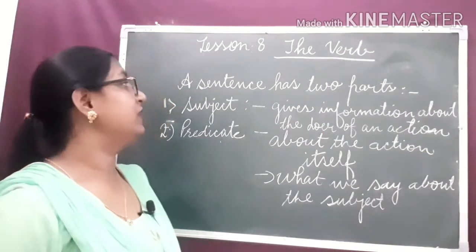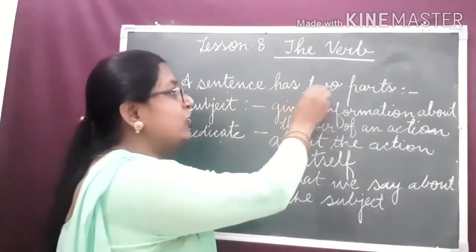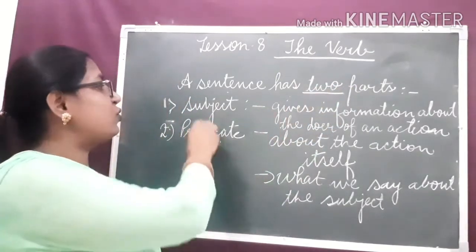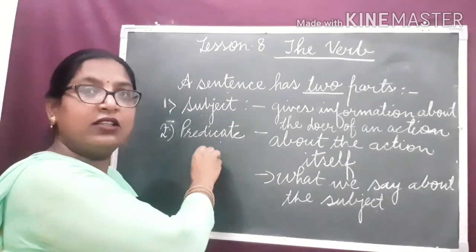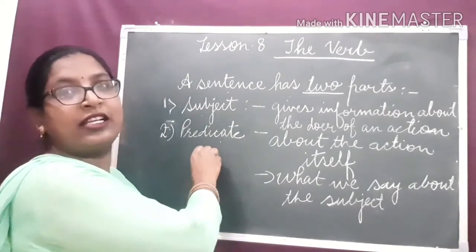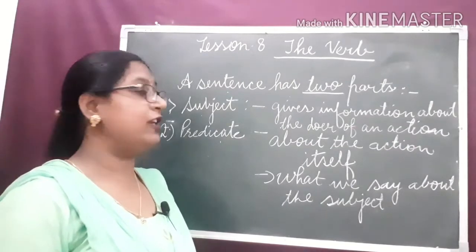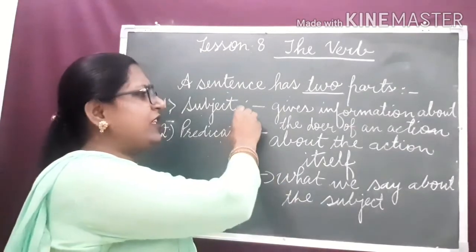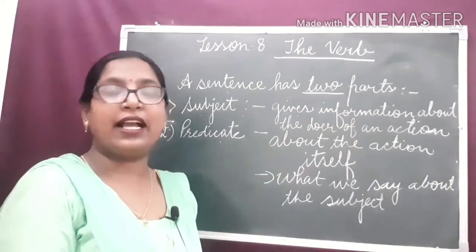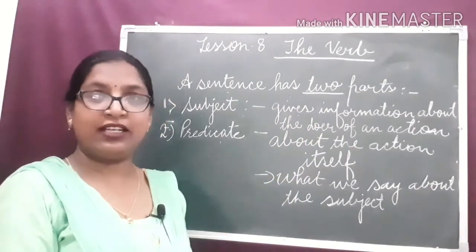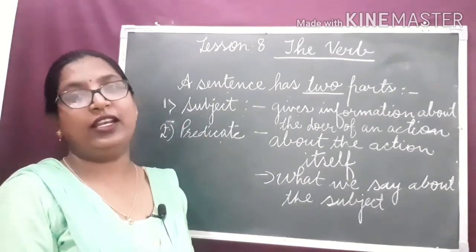Dear children, a sentence has two parts. How many parts? Two parts. The first one is the subject and the second one is the predicate. Subject gives information about the doer of an action. Subject is the doer of an action.